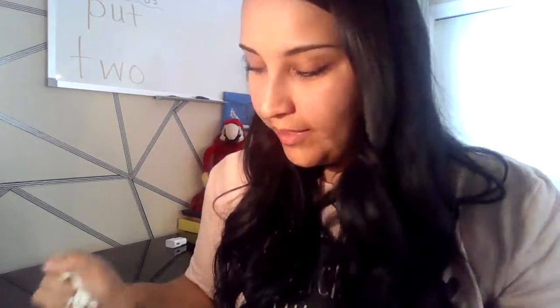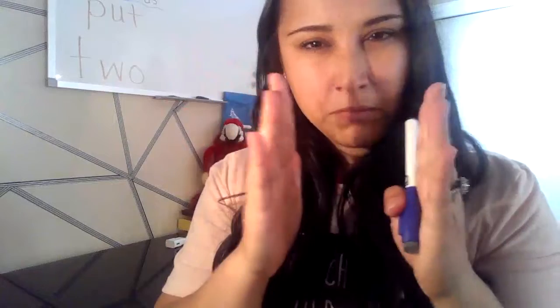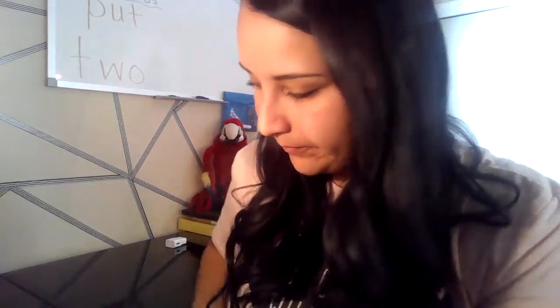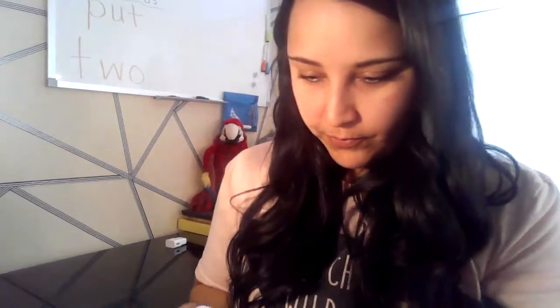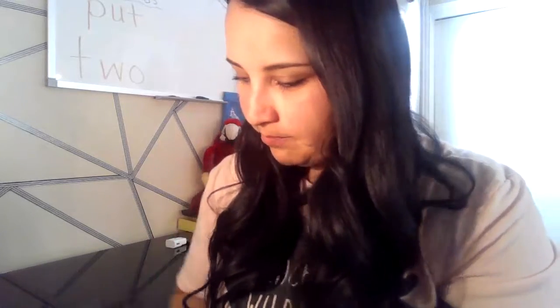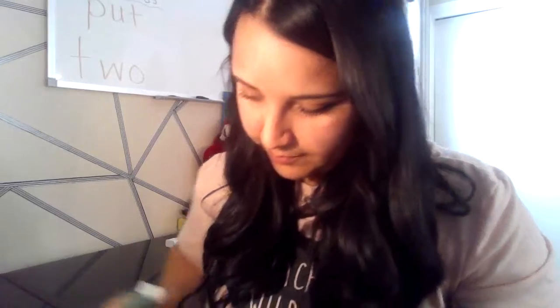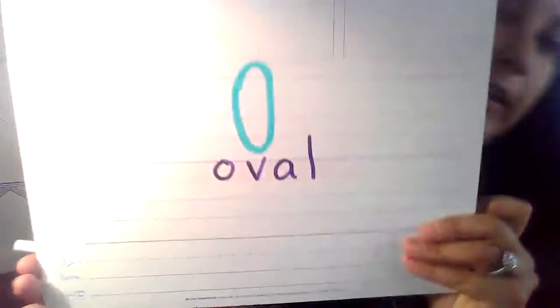Now that we reviewed the circle, there's also a shape that's like a circle because it has no sides and no corners, but this shape is kind of squished a little bit. It's called an oval. And again, I'm not a very great drawer, but kind of looks like that.